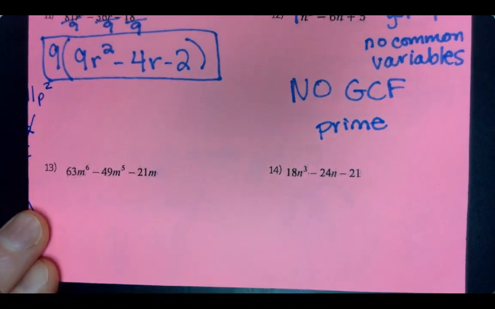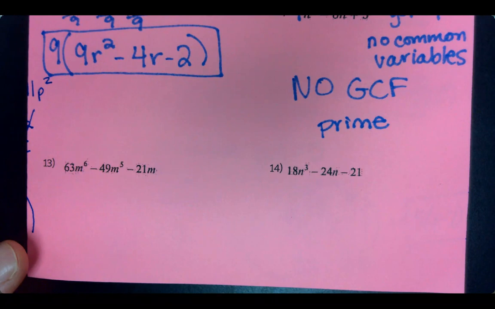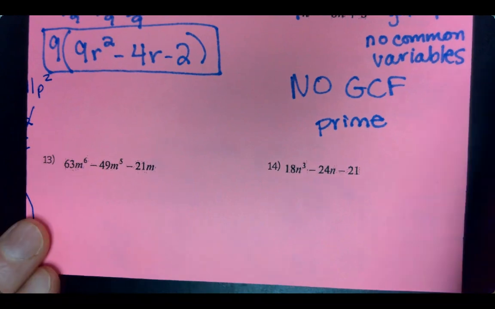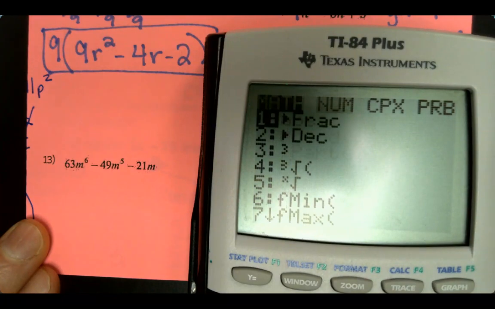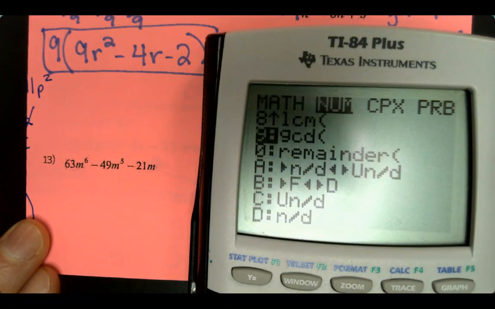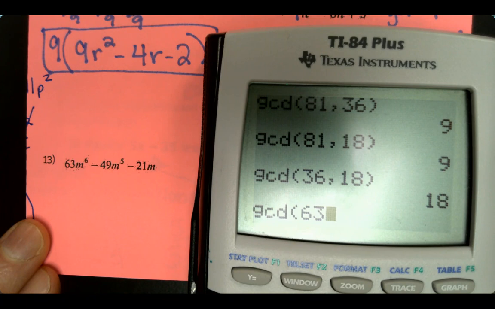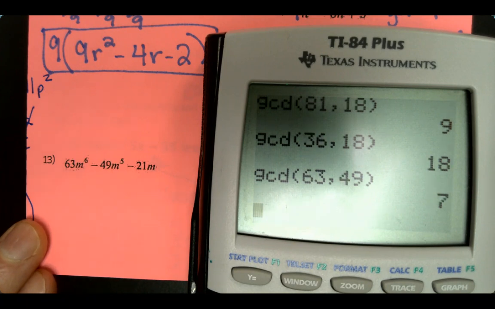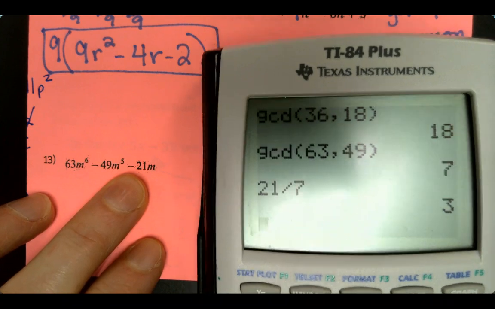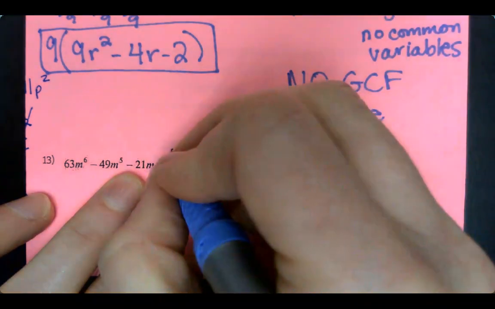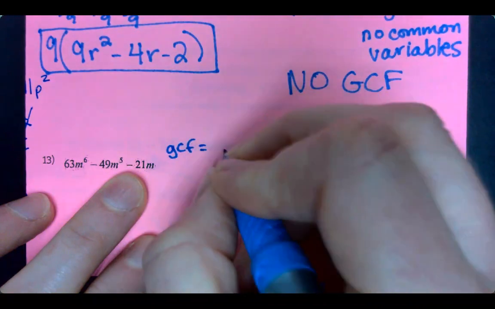All right, let's look at this next one, 63, 49, and 21. So we want to see 63 and let's do 49, 7. So once you find one of them, then you see, can the other one be equally divided by 7? And it can. So once you find that, then you can go ahead and write GCF equals 7.